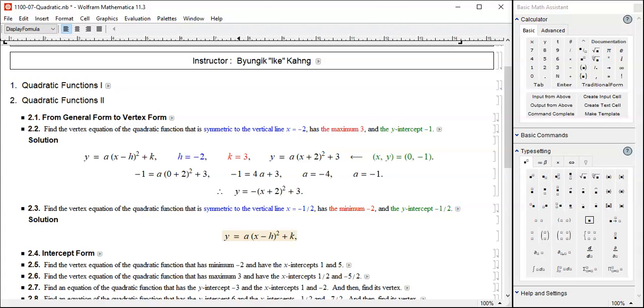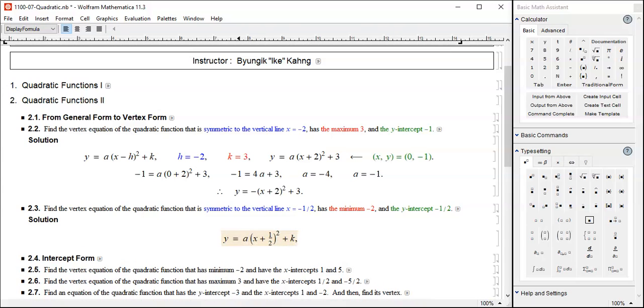Okay, ready? All right, symmetric to the vertical line. So h is negative 1/2. So this is the same as x plus 1/2 squared. Minimum negative 2. So k is negative 2. Now, y-intercept negative 1/2.